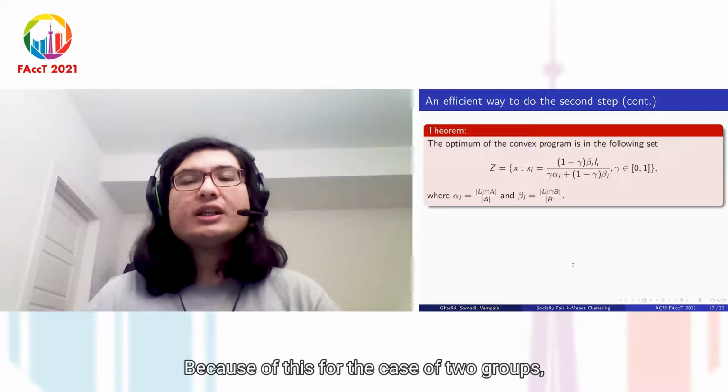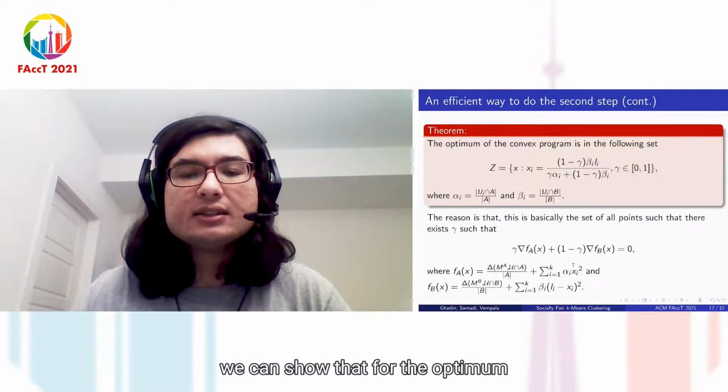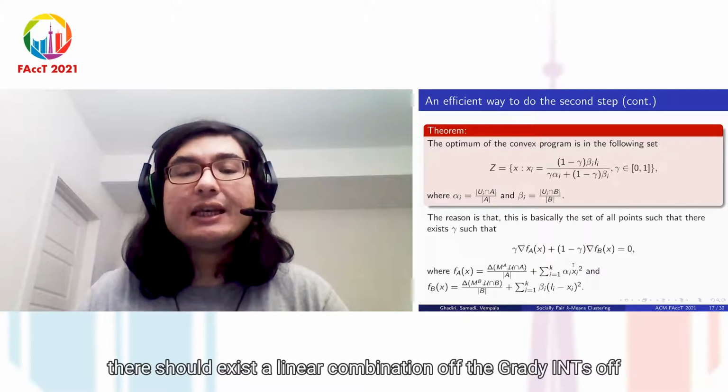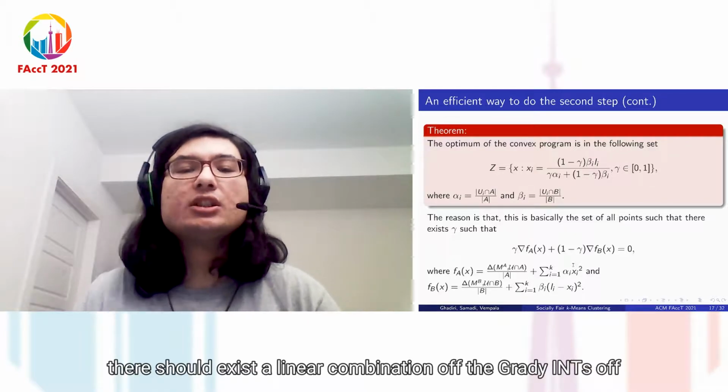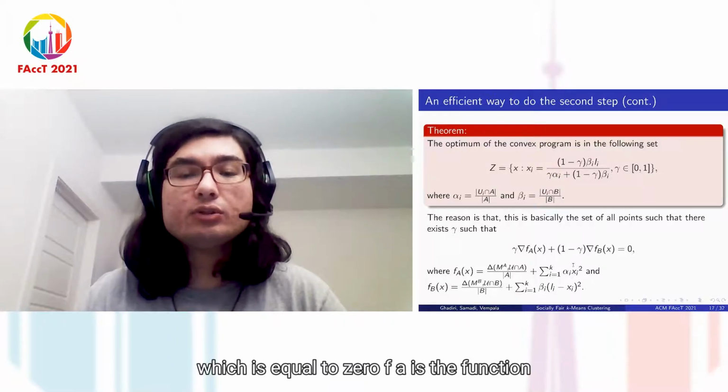Because of this, for the case of two groups, we can show that for the optimum solution, there should exist a linear combination of the gradients of fa and fb which is equal to 0.